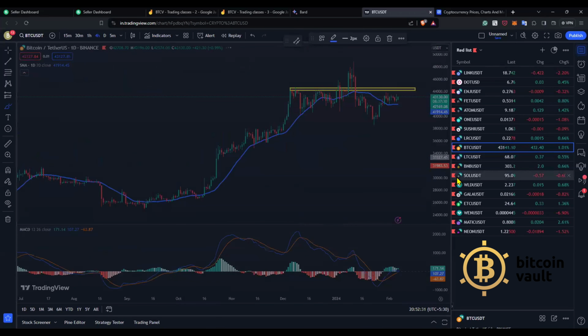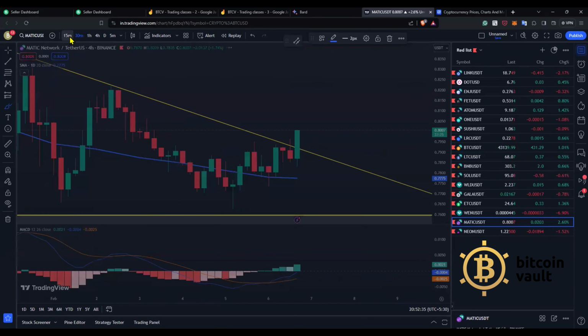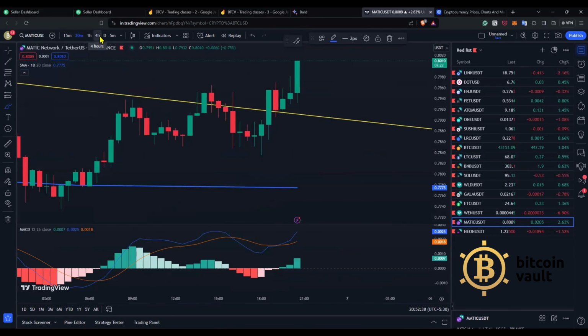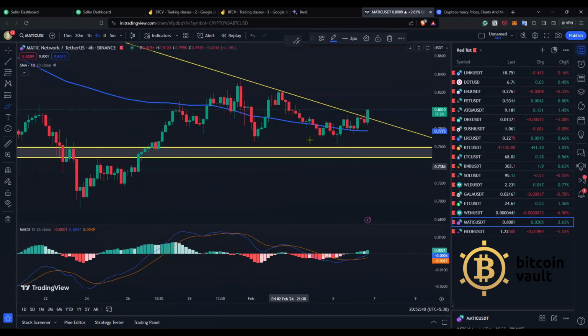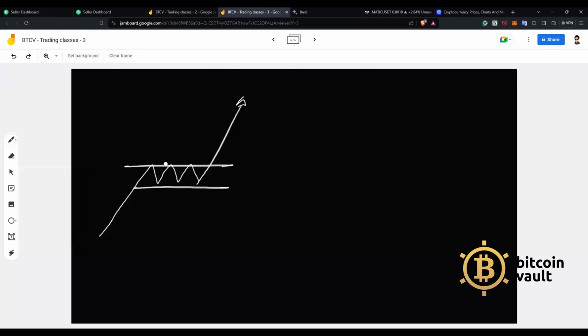I will check maybe after this class. Matic actually looks very good, very healthy. But let's continue the class. So this is a continuation pattern of a rectangle.